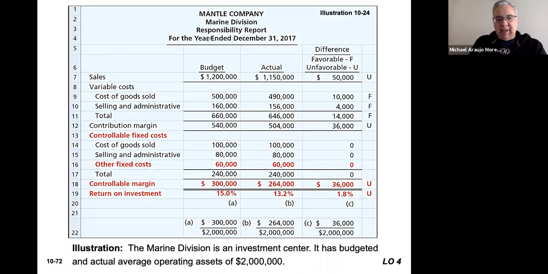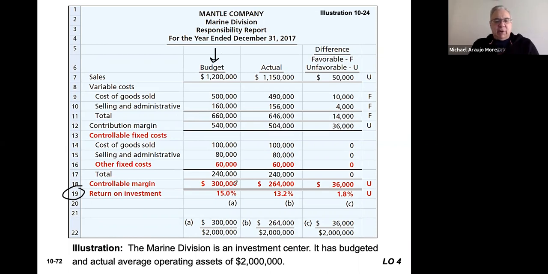So let's take a look at an example here. So this is Mantle Company Responsibility Report. It's the same report as what we saw earlier. However, now we're going to be looking at it from a return on investment perspective. Okay. So when you look at the budgeted amount, when they did this, they were expecting a controllable margin of $300,000.